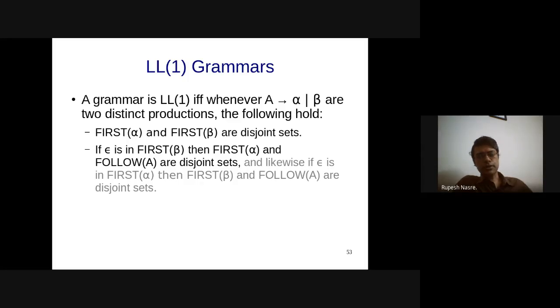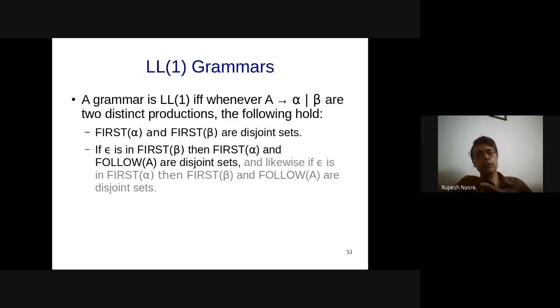That is correct. So our lookahead is only one, and therefore we want to distinguish across these two productions. If we are unable to distinguish across these two productions, what will happen is that with A deriving small c x and A deriving small c y, A's row and small c's column will have two productions.